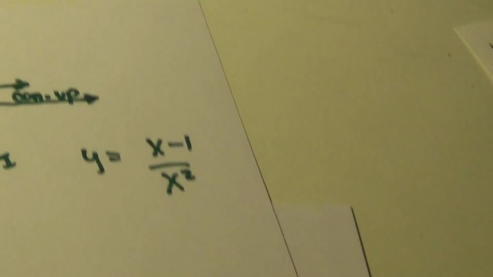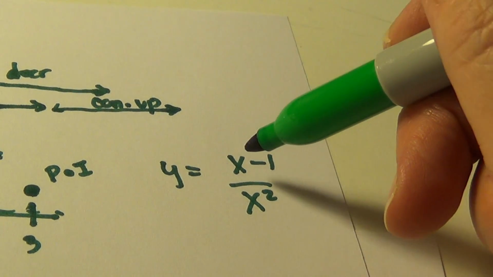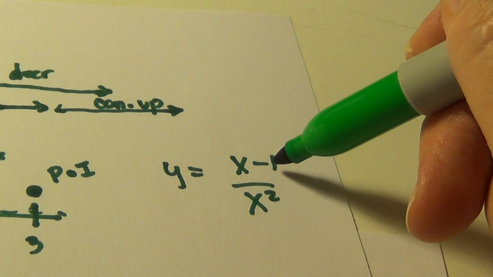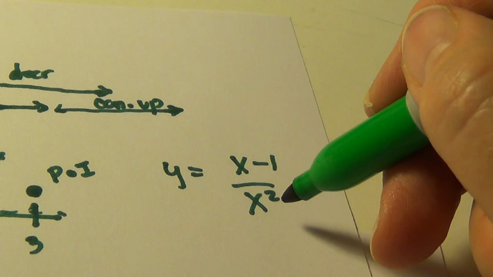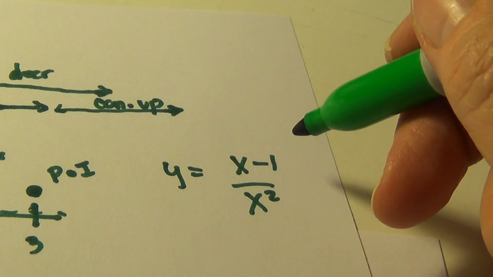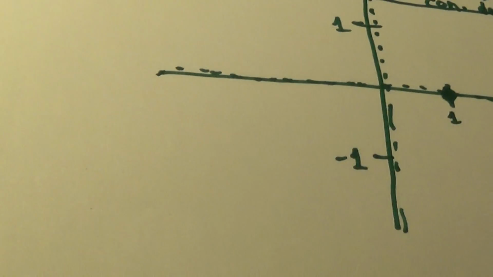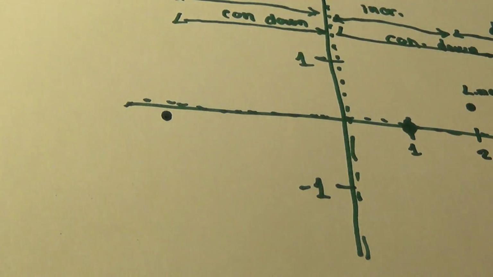If I put a negative 10 into this function, negative 10 minus 1 is negative 11. So negative 11 over negative 10 squared gives me negative 11 over 100. It's about a negative tenth. So it's going to start close here.